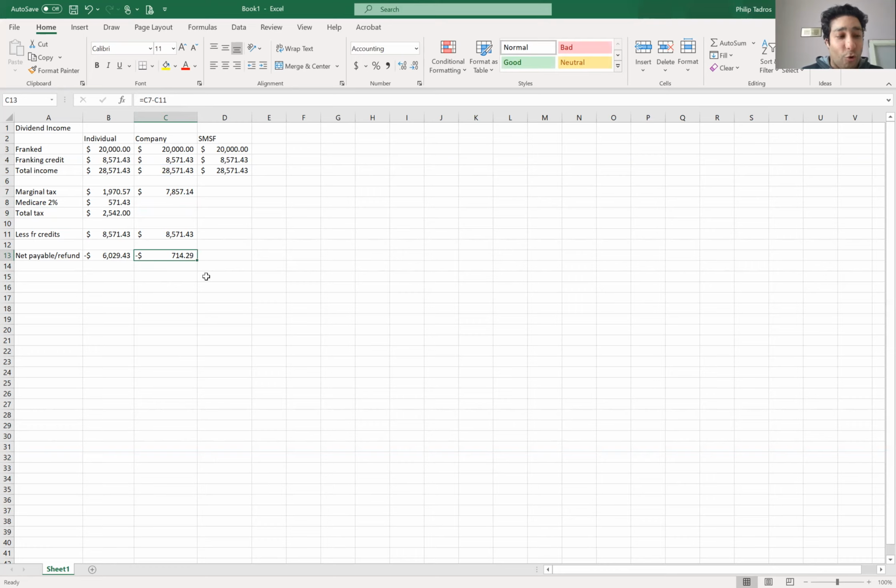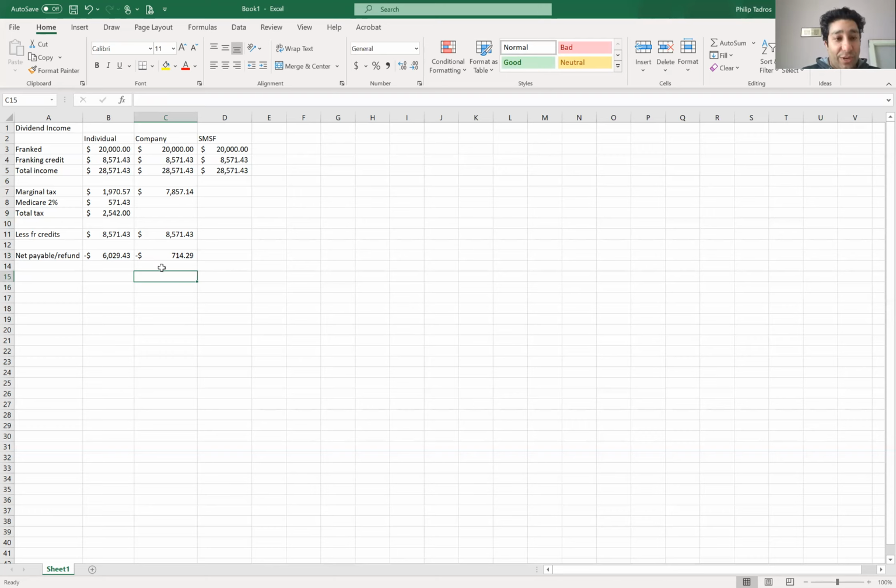Well, no. According to the company tax law, any excess franking credits is non-refundable to a company. So what happens with this remaining $714? Well, we write off the tax to zero.